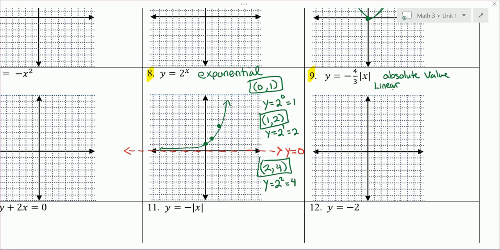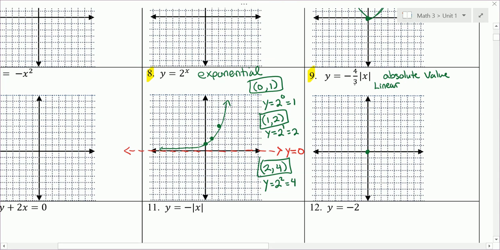The vertex of that V is going to be at 0, 0, and you're going to have a line protruding from that point to the right and another line to the left, and it creates this V shape. So we say it's linear because it's made of two lines, or parts of two lines, and it's the absolute value sign.